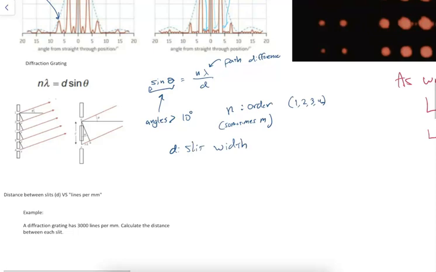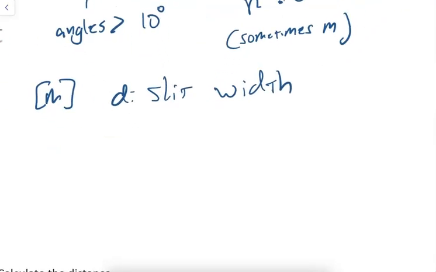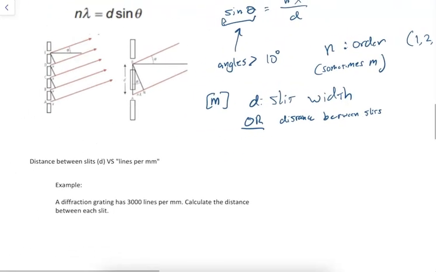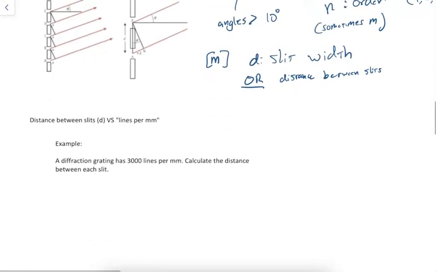There's nothing different about that, except that a lot of times we will not be given the slit width. We'll be given how many slits there are in a given distance. So we need to find d, the distance between slits. This will be useful when we get to slit density.